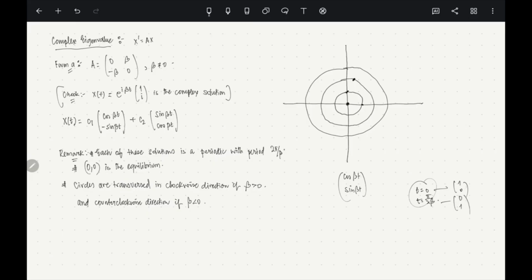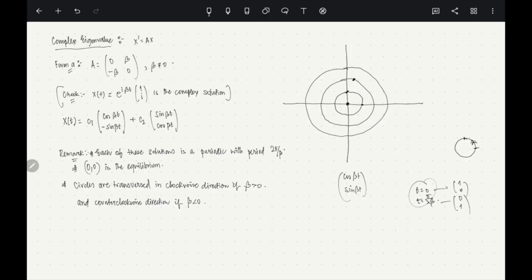So we basically want to see increasing t. T at 0 is 1, 0, and t at pi by 2 beta is 0, 1 here. So you see, this is moving in this direction. You understand? So we can draw this particular thing. So this is in counterclockwise direction.